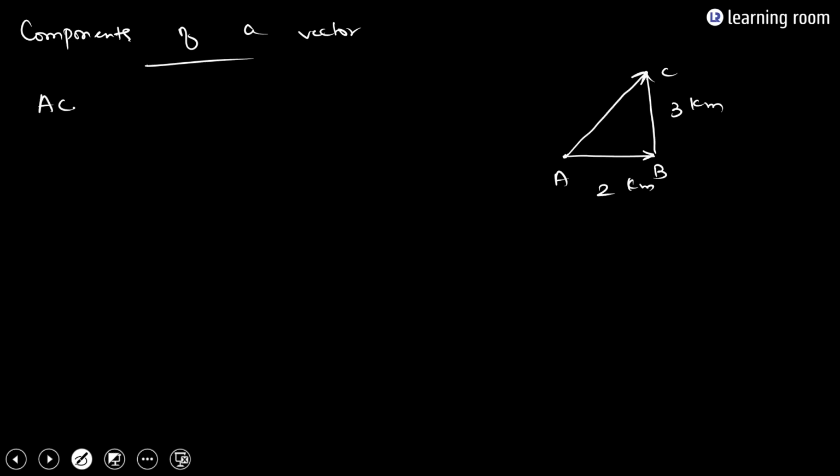if I join A to C, then I can write AC vector as, since you know what orthogonal unit vectors are, I'm not specifically mentioning it. So AC vector can be written as 2 times i cap plus 3 times j cap. You know what this i and j are?